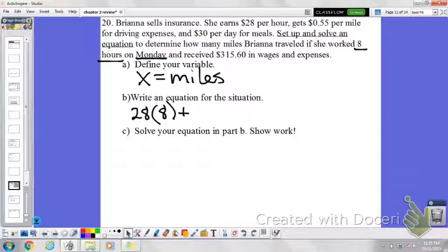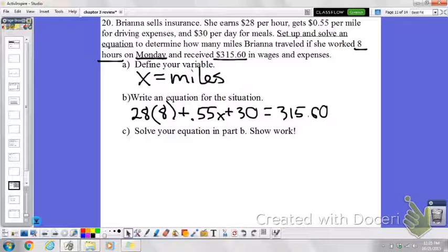We don't know how many miles she drove, so that's our 0.55 times x. Plus her $30 per day for meals. Only one day, so we just need to add 30. And then we know that she received $315.60, so it'll be equal to 315.60. Now we just need to solve that equation.